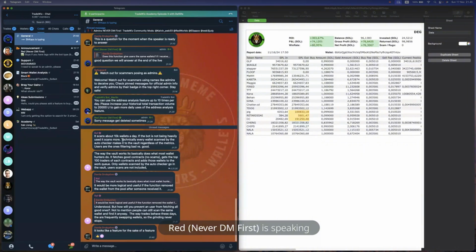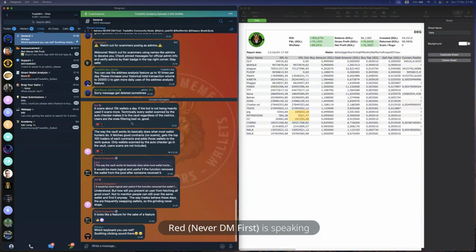Technically, every wallet scanned by the auto checker makes it to the vault regardless of the metrics. Users are the ones filtering bad versus good. The way the vault works, it basically does what most wallet hunters do. It fetches good contracts, no scams, gets the top 100 traders of each contract and adds those wallets to the work queue. Only wallet scans by the auto checker go in the vault. User scans are not included.